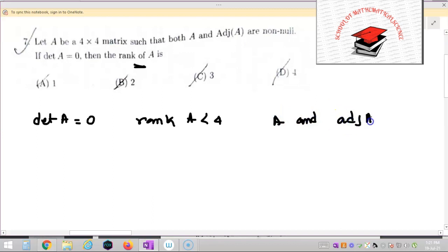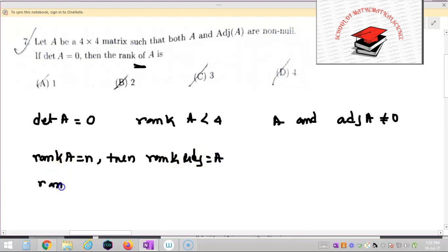It is given that A and adjoint A are both non-null. So we are going to use a fact that I have already proved in previous videos: if rank of A is equal to n, then rank of adjoint A is equal to n.